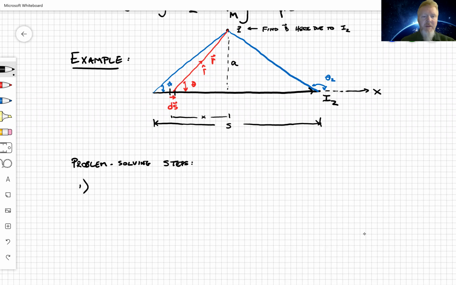Okay, number one, you must draw the picture of the field and the current and all that stuff that you're trying to calculate, and from where to where, and where's R, and what's ds, and which way is I2, and where's the point P. You got to draw all that stuff out.